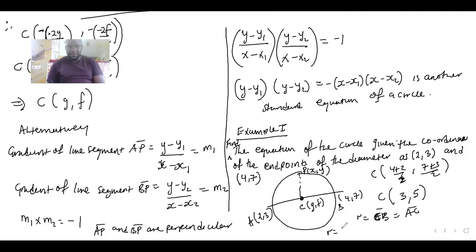So the radius is the square root of (7 minus 5) squared plus (4 minus 3) squared. This will give me 2 squared, which is 4, plus 1. Then the radius is the square root of 5 units.